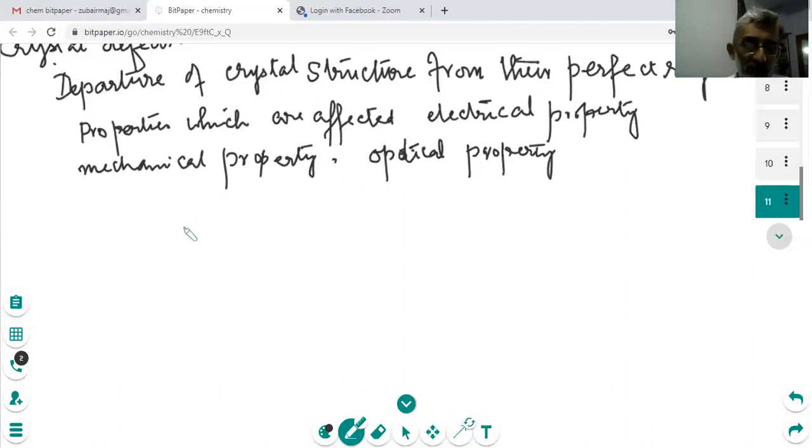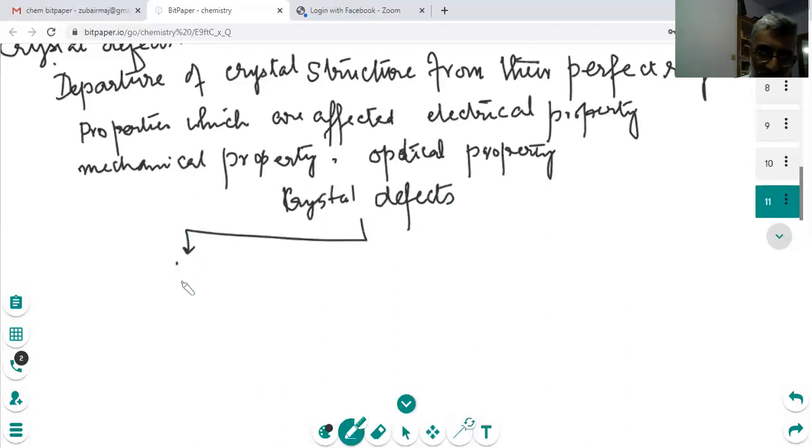Now let us see what the different types of crystal defects are. You can classify crystal defects into three types. You have point defects.